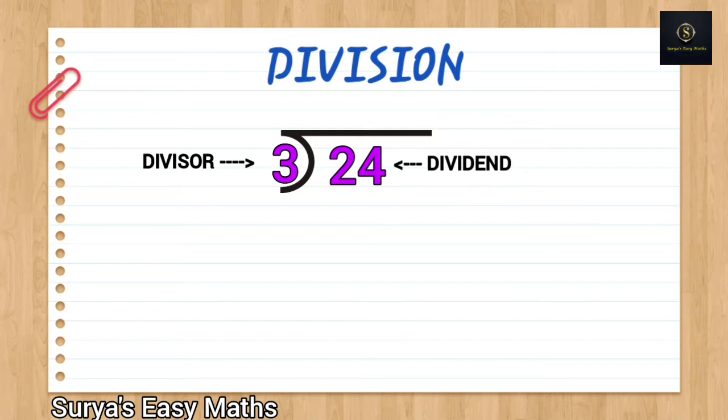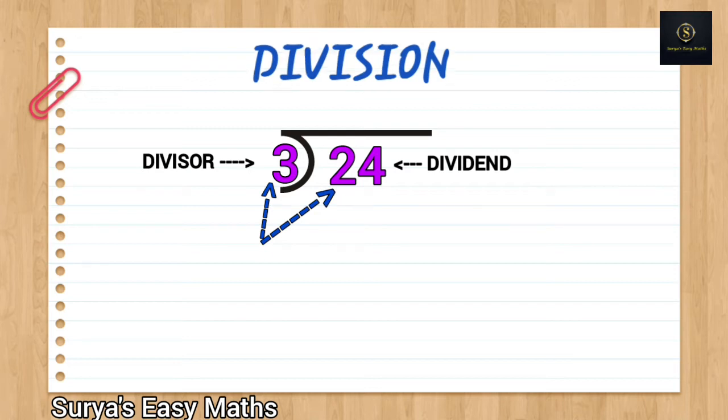Now after writing in this way, always remember a very important key point. Here we have to compare the divisor with the leftmost digit of the dividend. So let us compare. The divisor is 3 and the leftmost digit of the dividend is 2.